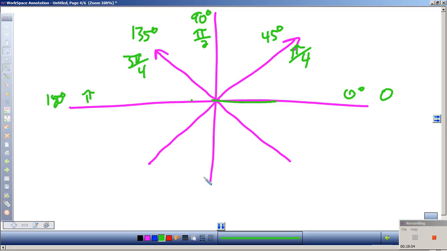Down here, 270 degrees. And how many radians? 3 pi over 2 here. This one is 5 pi over 4. How many degrees?